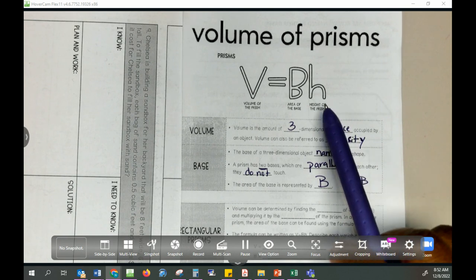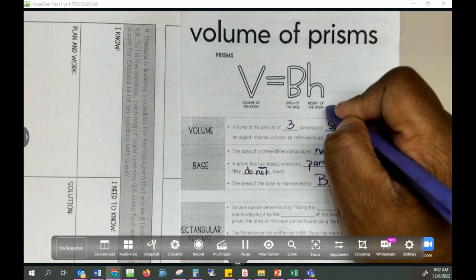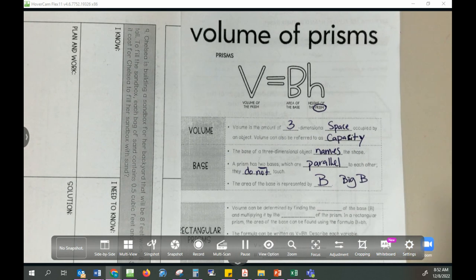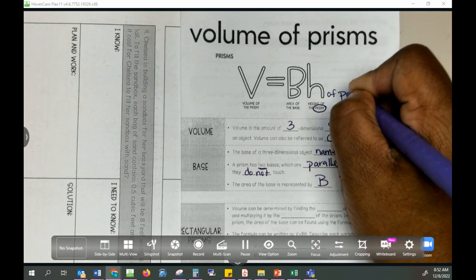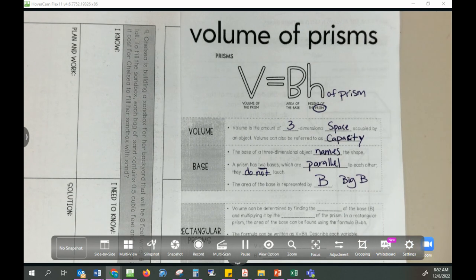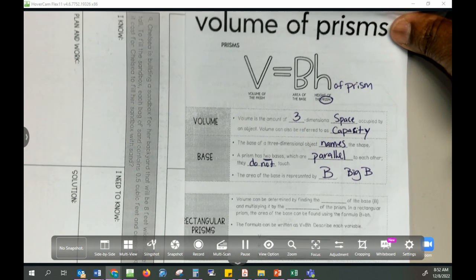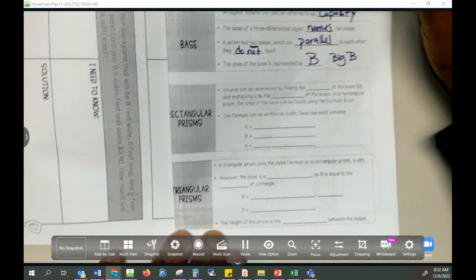Not the height of your base, but the height of the prism, because that's very important to identify that this height is of the prism, not your base. That won't be confusing, and we're going to get to that.